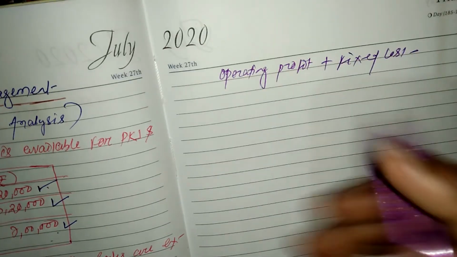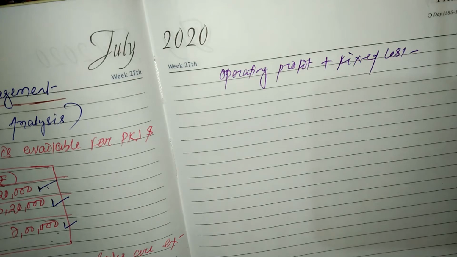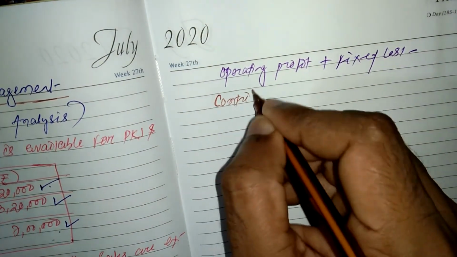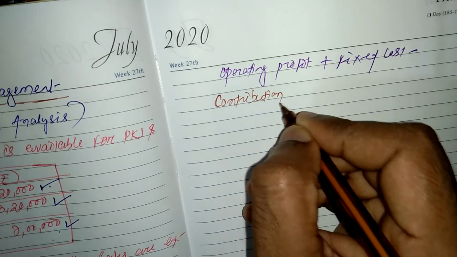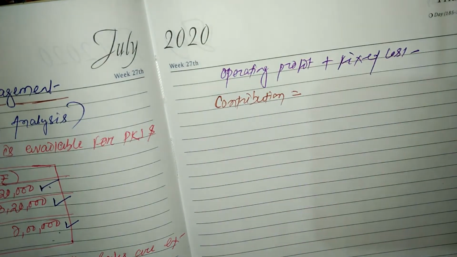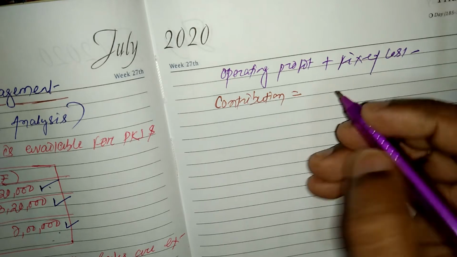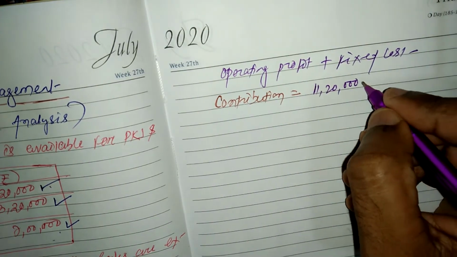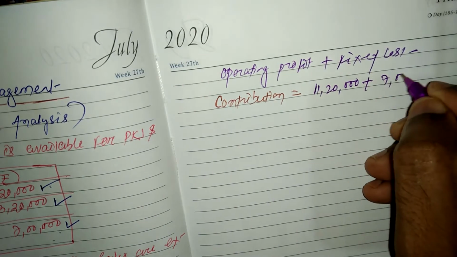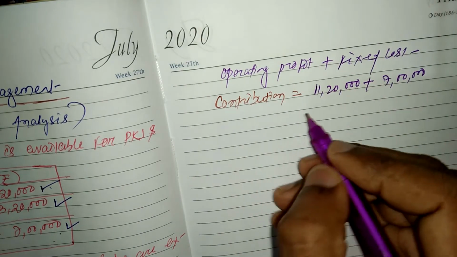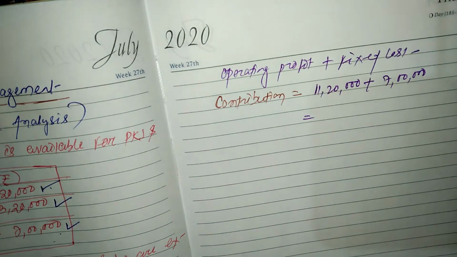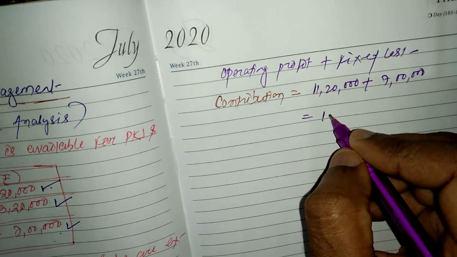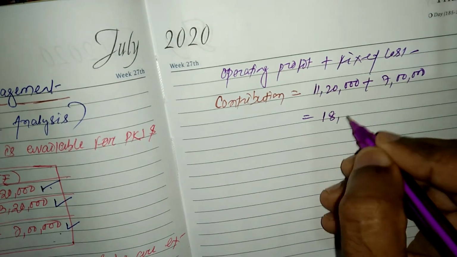So contribution will be 11,20,000 plus 7 lakh, which is 18 lakh 20,000.